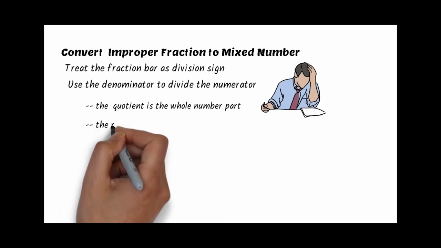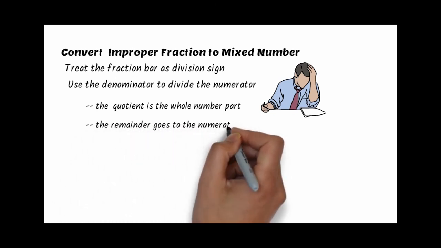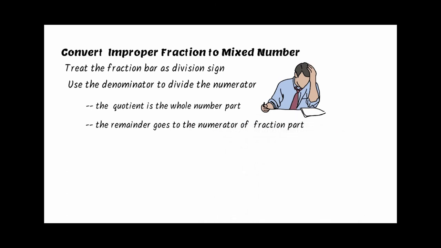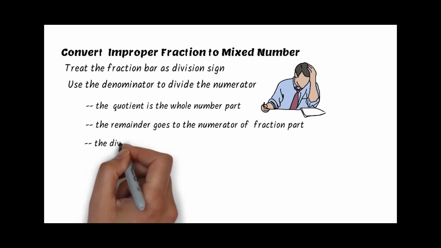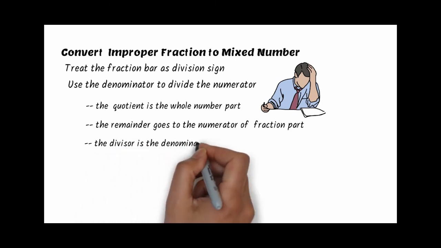And the remainder of this division is the numerator of the fraction part in the mixed number. And the divisor is the denominator of the fraction part in the mixed number.